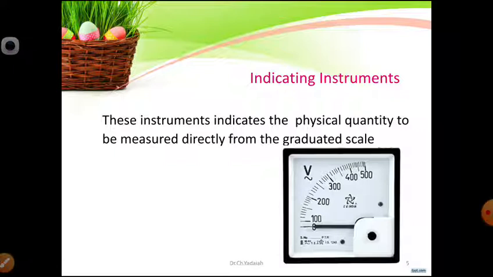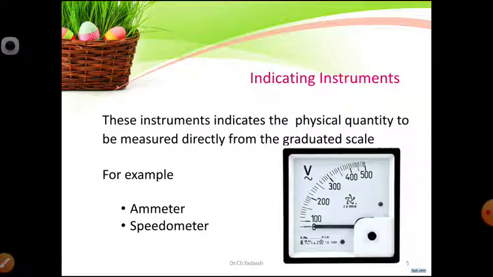That means at that instant, the value indicated by the pointer is the actual value. The indications are given by a pointer moving on a graduated scale. This is one thing you have to remember. Examples are the ammeter and the speedometer.